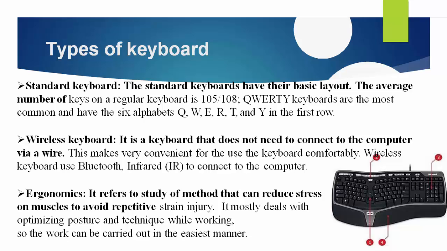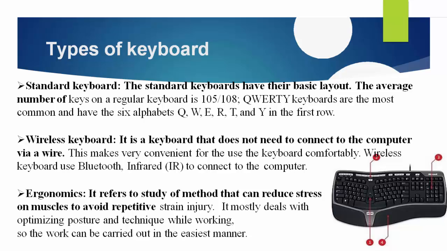A wireless keyboard is one we can use without any connection, and it works with Bluetooth or infrared rays. Using Bluetooth or infrared we can connect to the computer, up to a maximum of about 10 meters. And the ergonomic keyboard refers to the study of methods that can reduce stress on muscles to avoid repetitive strain injury.